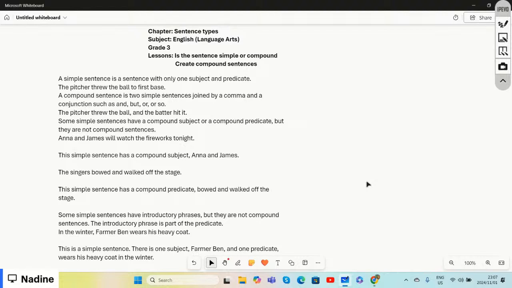All right. So when it comes to sentence types, like we said in our previous lesson, we had to say if the sentence is a statement, a question, a command, or an exclamation sentence, right?